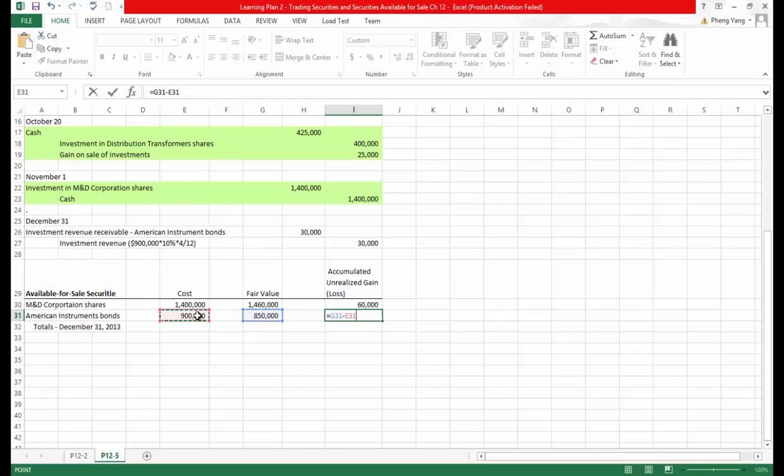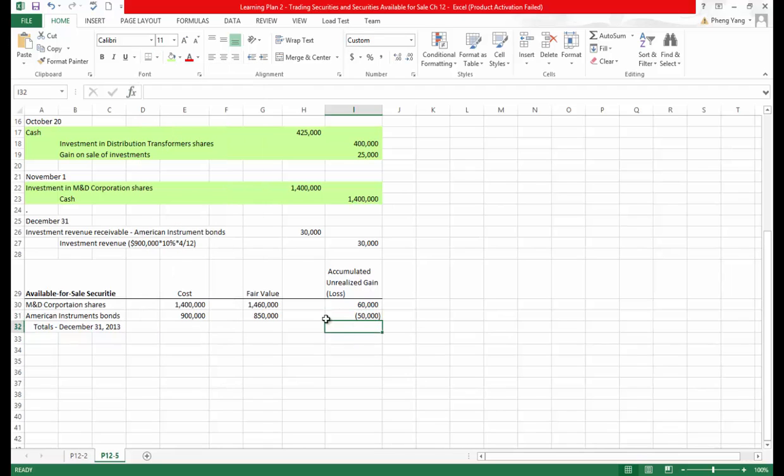And it looks like a loss for the American Instruments bonds of 50,000. So if I net my two together, my fair value adjustment is going to be $10,000.